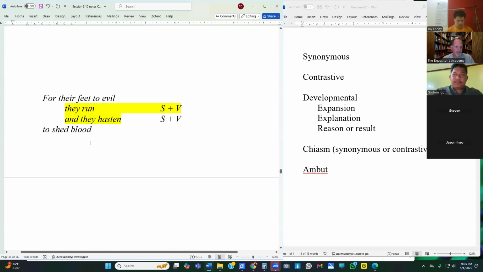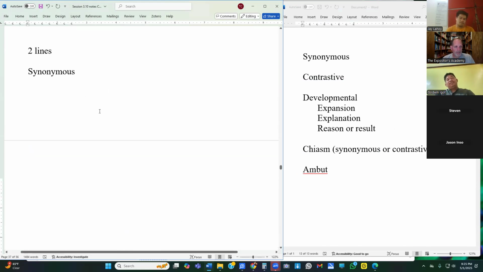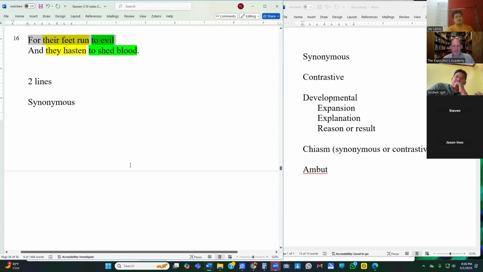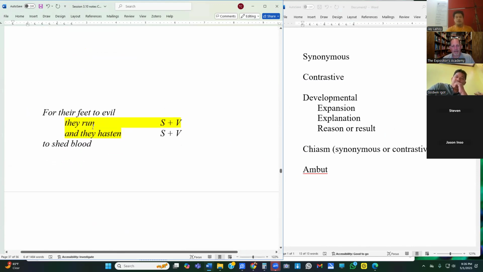It may be a chiasm. Literally, it's this: for their feet to evil, they run. They hasten to shed blood. So for their feet to evil, they run is the actual word order in the original, in the Hebrew. The English, though, didn't put that. It says their feet run to evil. Again, they switched the words around. But it looks like we actually do have a chiasm here as well.